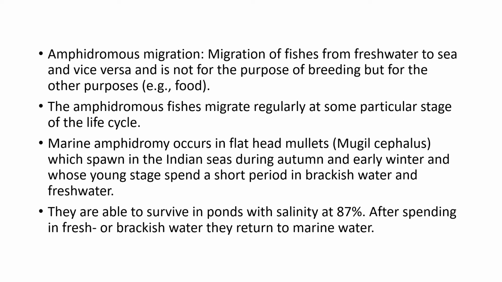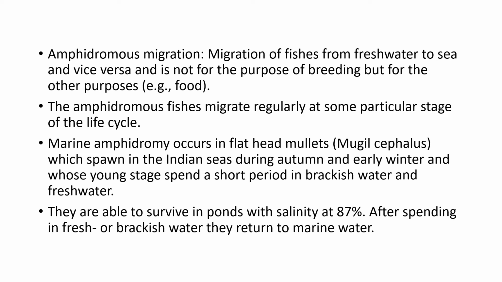The amphidromous fishes migrate regularly at some particular stage of the life. The marine amphidromy occurs in flathead mullets, which spawn in Indian seas during autumn and early winter, and whose young stage spend a short period in brackish water and fresh water. They are able to survive in ponds with salinity at 87%.